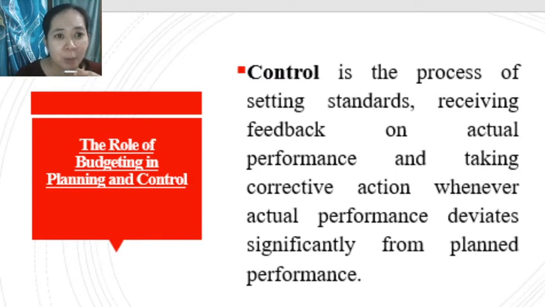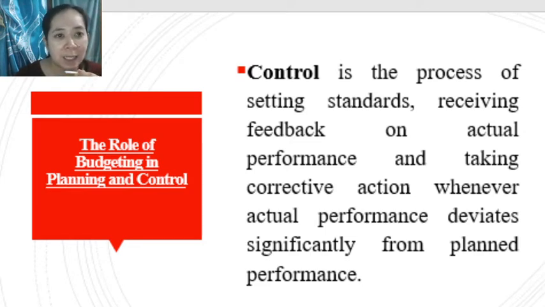Control, on the other hand, is the process of setting standards, receiving feedback on the actual performance, and even taking corrective action to mitigate and to correct any deviations whenever actual performance deviates significantly from the planned performance.